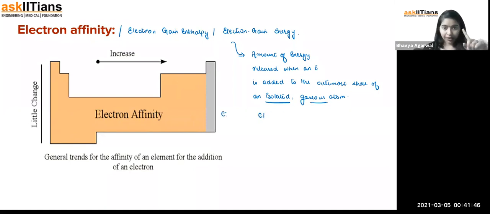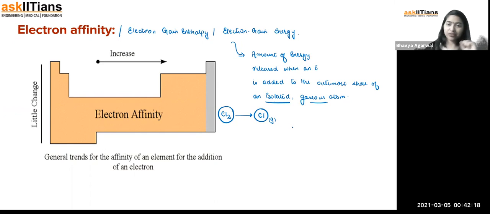You know that chlorine is present as Cl2, a diatomic molecule. To this diatomic molecule, you cannot add the electron. That's not acceptable by nature. You have to add an electron exclusively to the isolated atom. Isolated means a single atom, and this atom is present in its gaseous state.